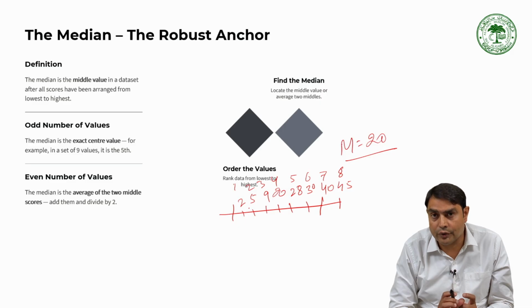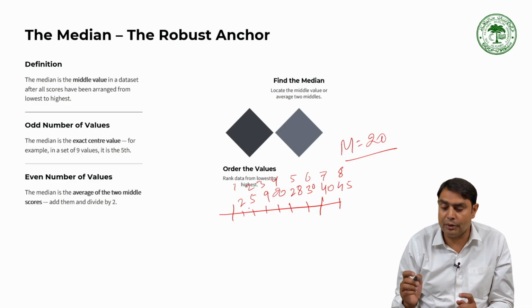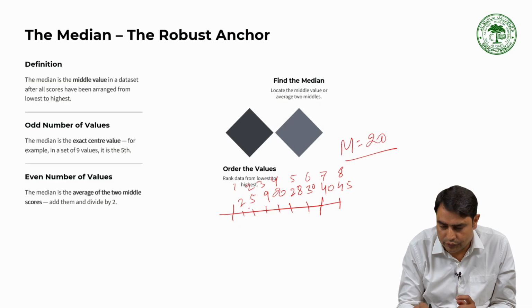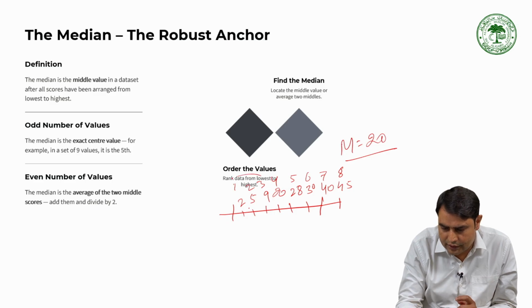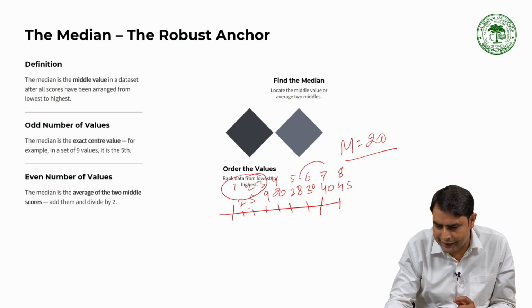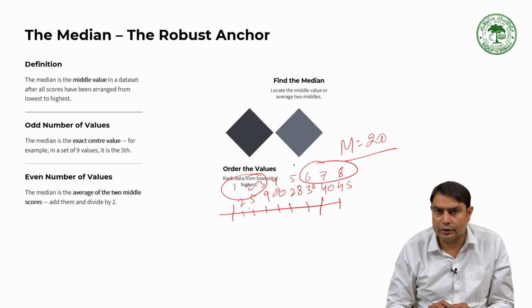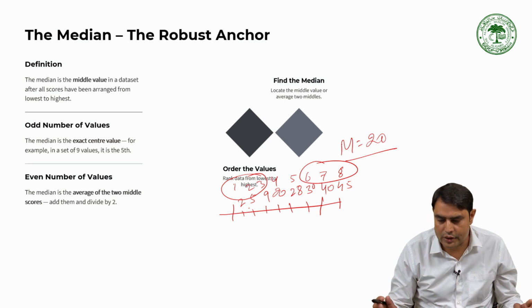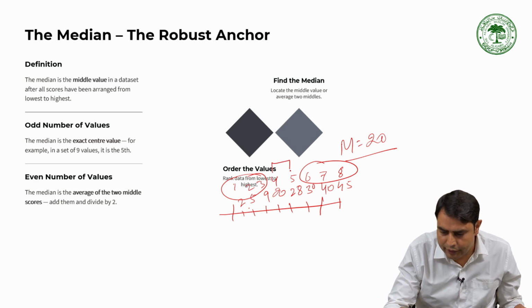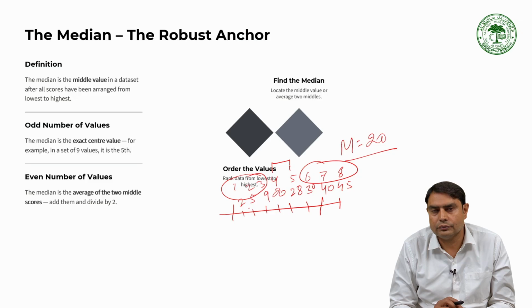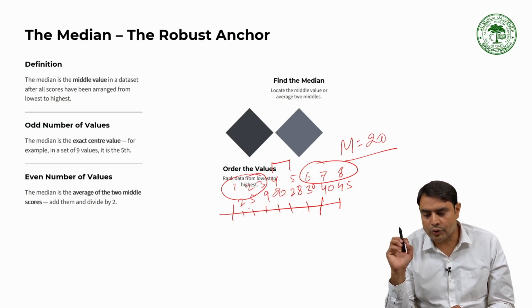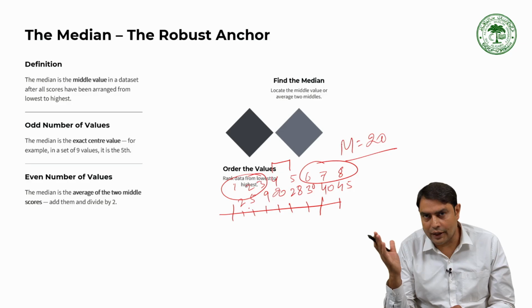So, what I have to do for the median is take the middle two values, 3 on this side, 3 on the lower side, and these are the middle two values. So, what I am going to do is add these two values and take the average of it.